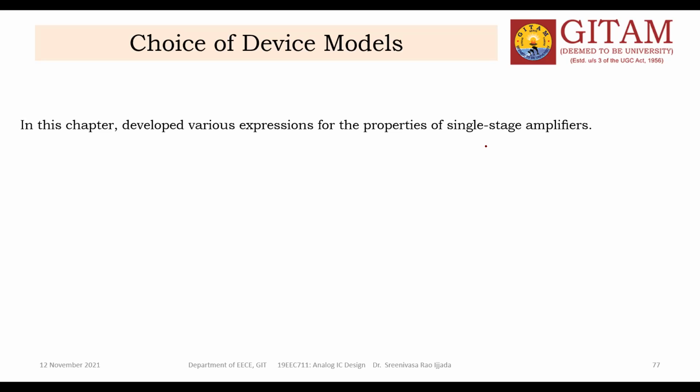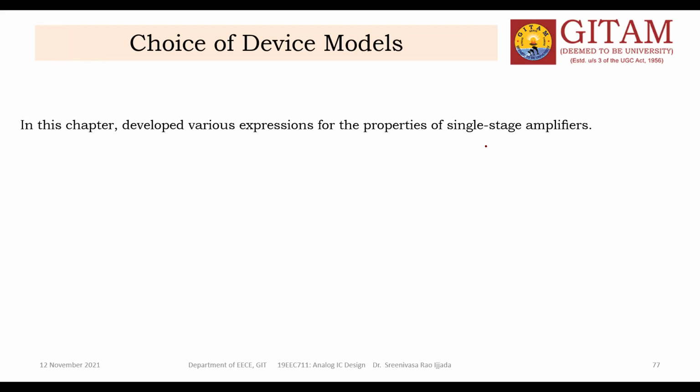But my doubt is that sometimes we consider the simple model for gain calculation, and sometimes for the same circuit we include the body effect and channel length modulation factors. Whenever you consider those factors, definitely the gain equation becomes a little more complex.